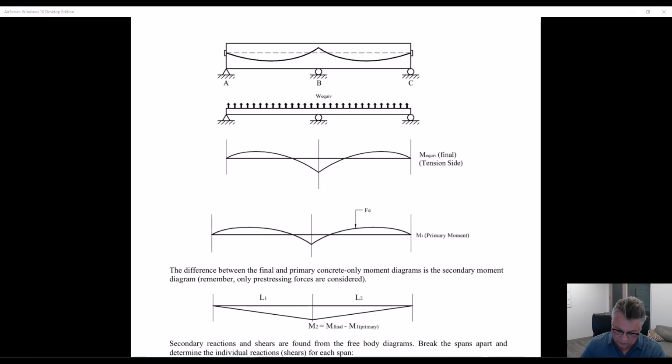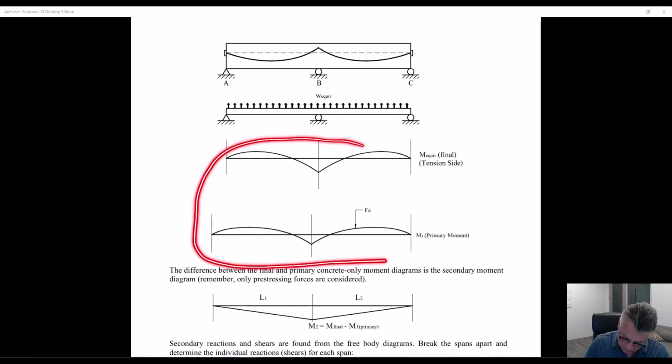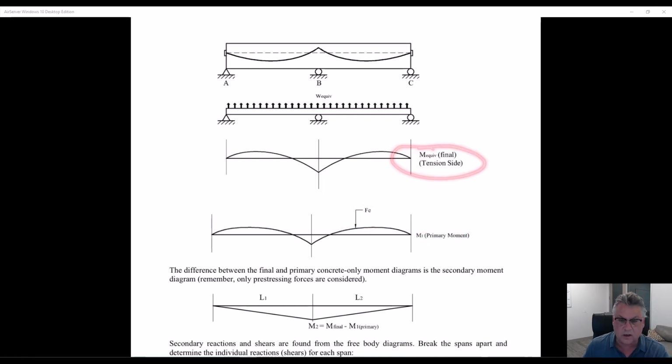In your homework number 4, I'm going to have you draw and superimpose these two moment diagrams: the primary pre-stress moment diagram, F times E, and the final equivalent moment diagram. Let's pretend that this met up, because I drew that so pretty.